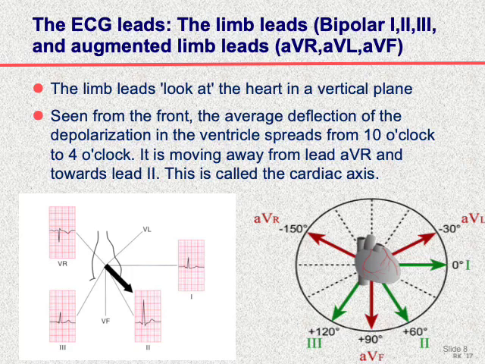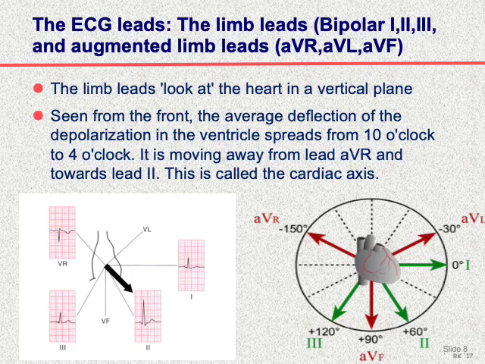So we have 6 leads arranged so that, as in this figure, at the 0 point we have lead 1, lead 2 at 60° positive, so towards the left leg, and lead 3 is plus 120. And we have also the augmented limb leads, AVL, AVR, AVF.